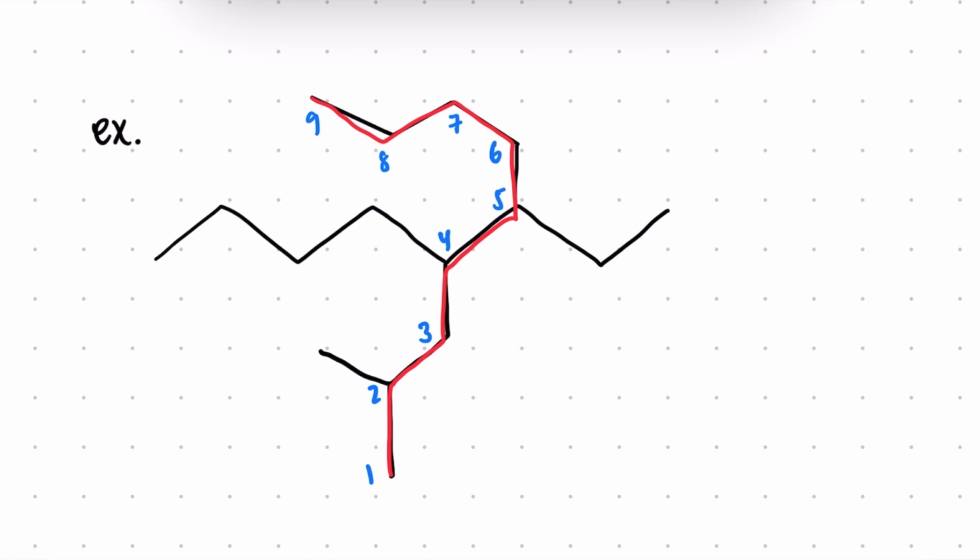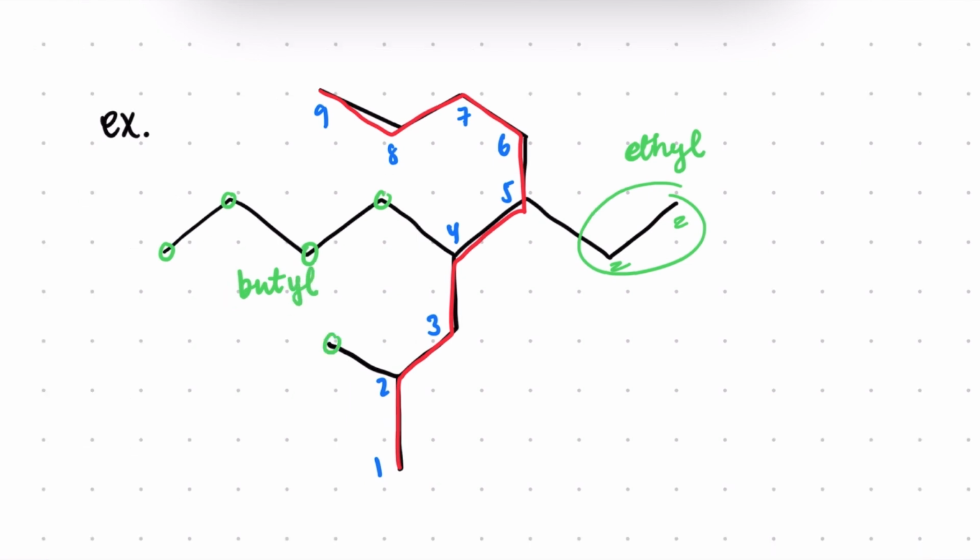So, let's identify the substituents. This is CH2, CH3. So this is ethyl. This is 1, 2, 3, 4 carbons present. So this is actually butyl. And here is 1 carbon present, so this is methyl.